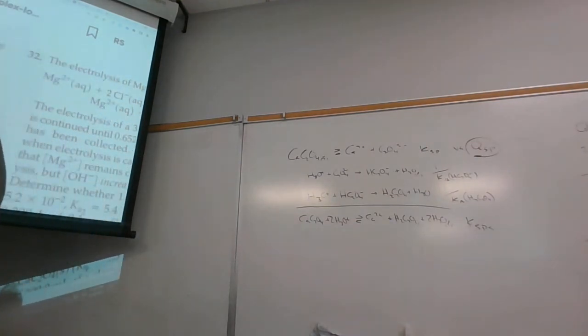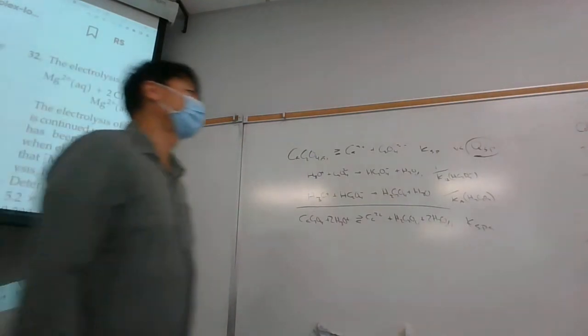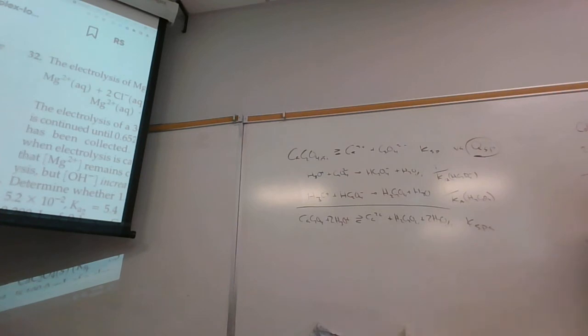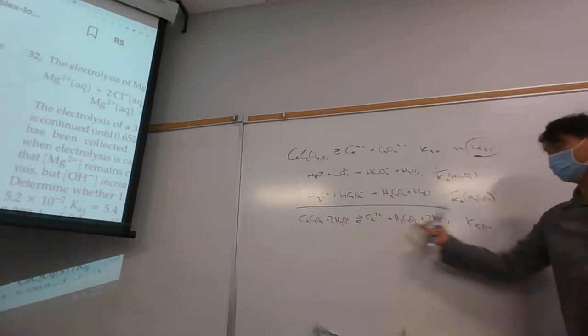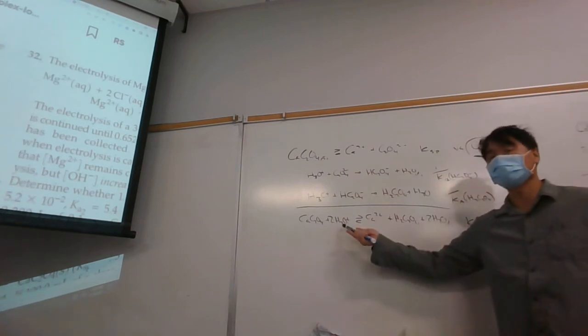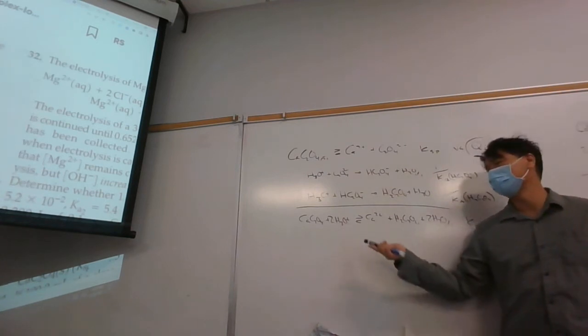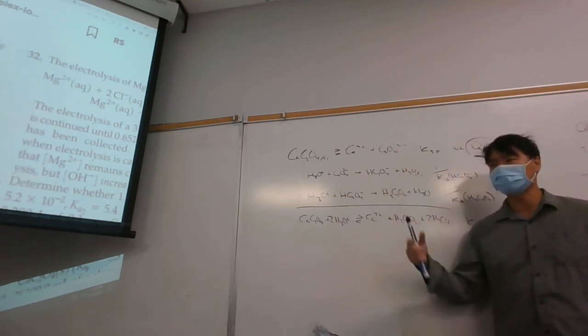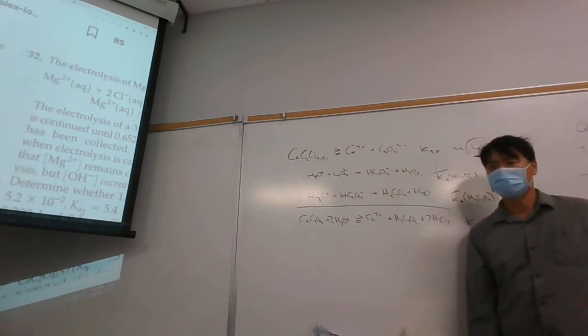But this one is different. Because in this problem, they're not asking you what pH. You know, pH is the power of the hydronium concentration, power of hydrogen concentration. Or what pOH, or what hydronium, or what hydroxide concentration will do this.